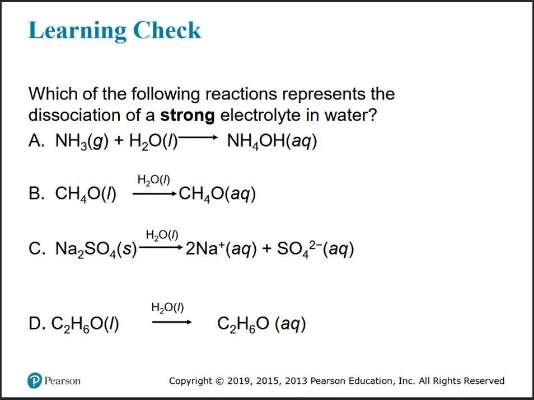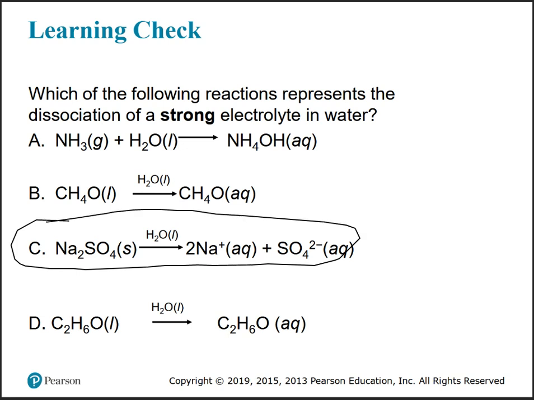Which one of these represents the dissociation of a strong electrolyte in water? So now we're trying to figure out which one is a strong electrolyte. A, B, C, or D? Yeah. So this one is the strong electrolyte.